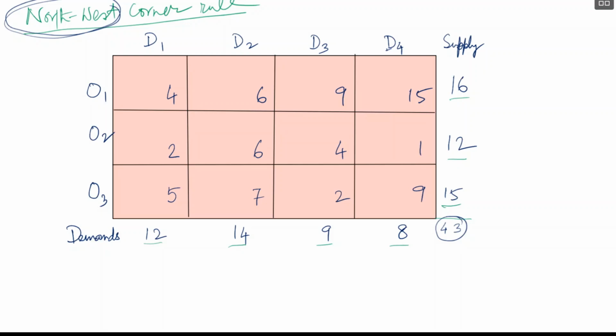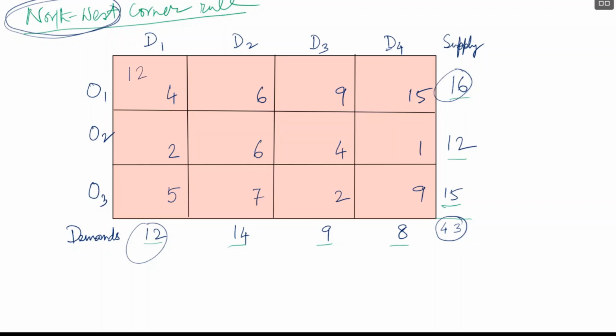So here we can supply at most 12 units, that is, we choose the minimum between 16 and 12, and we see it is 12.